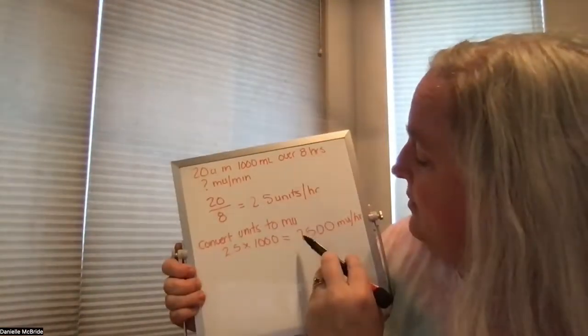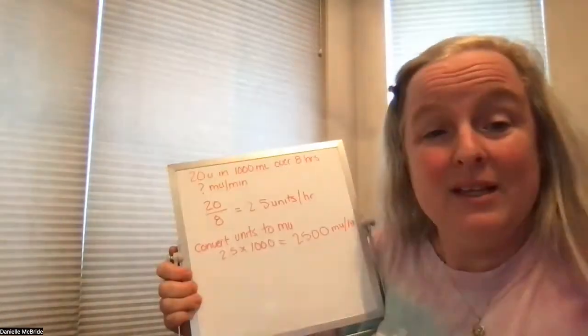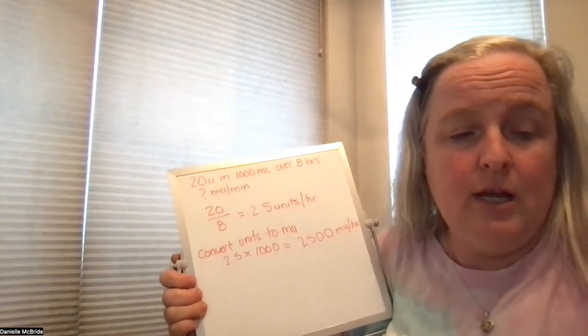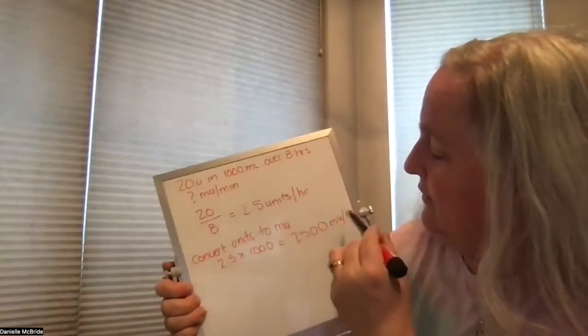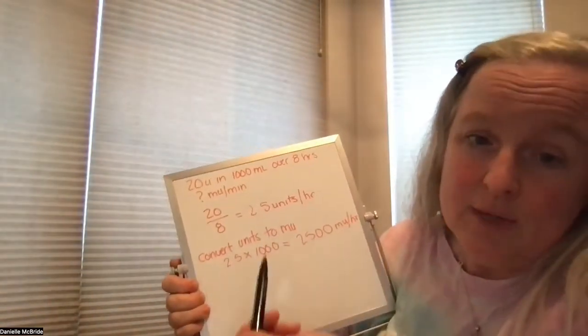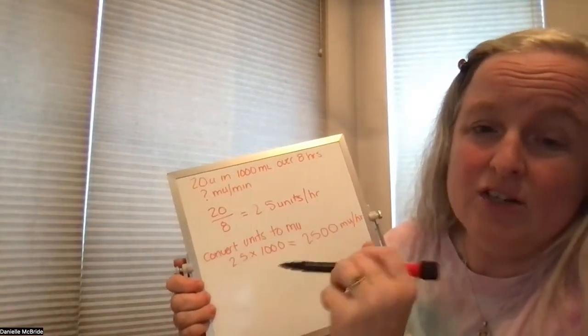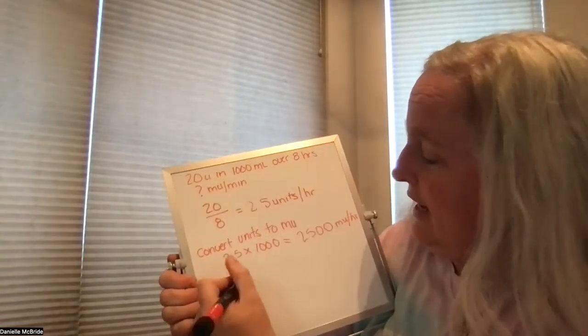Okay, so if the patient's going to get 2,500 milliunits per hour, how many milliunits are they going to get per minute? Okay, so now we're going to say that if this is per hour, there's 60 minutes in an hour. And so we actually are, again, doing it backwards, and we're going to divide.